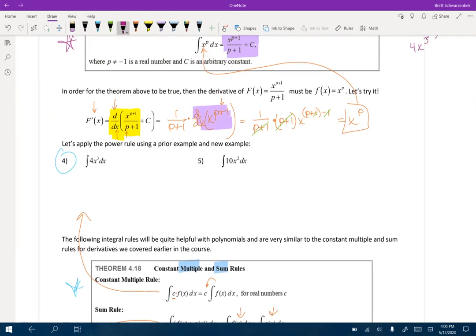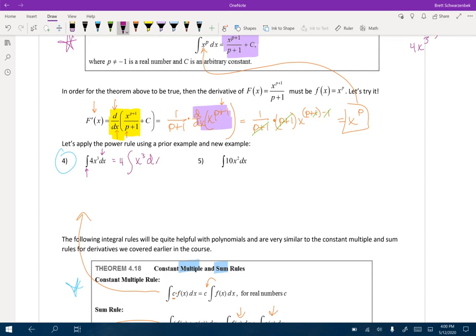So let's take a look at our first problem. If we have the integral of 4x cubed, when we take the integral, in other words the antiderivative, we can drop that symbol and the dx and write what the antiderivative is. But first, we're going to take the constant out and get this.